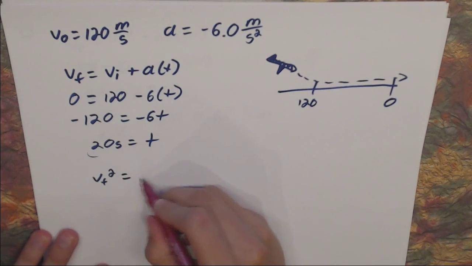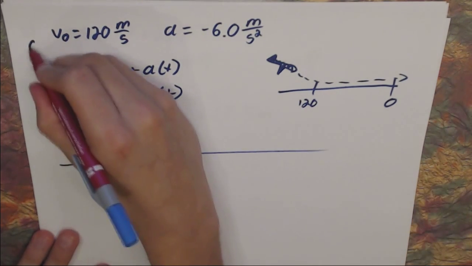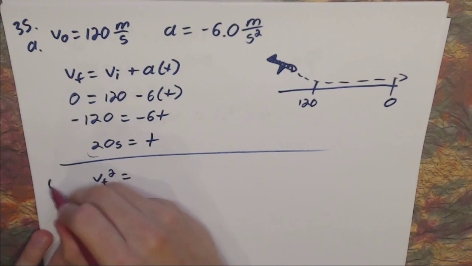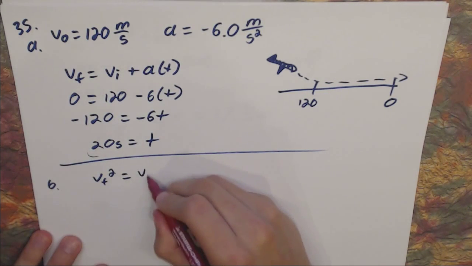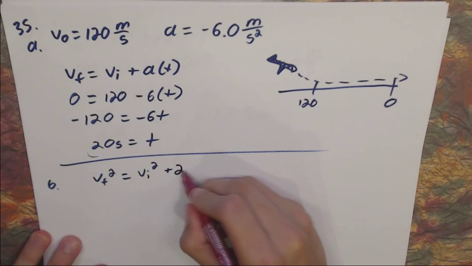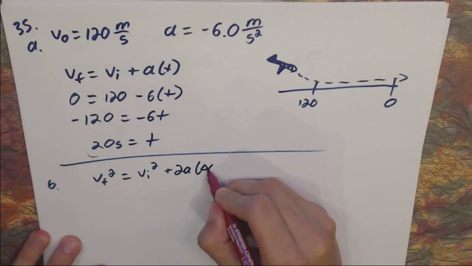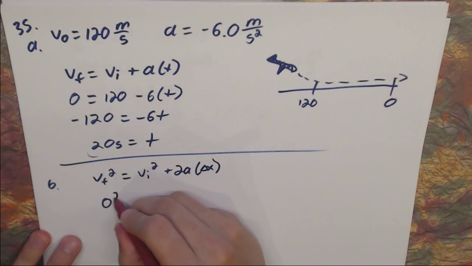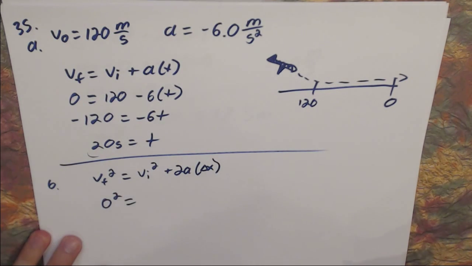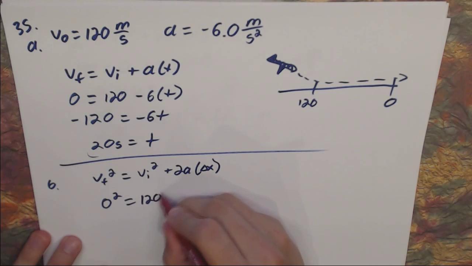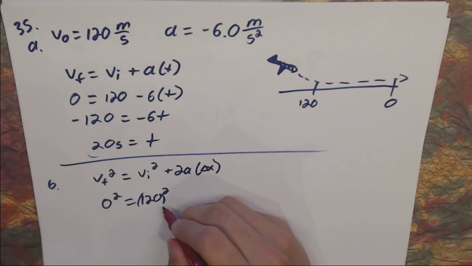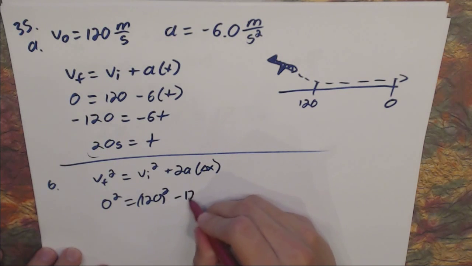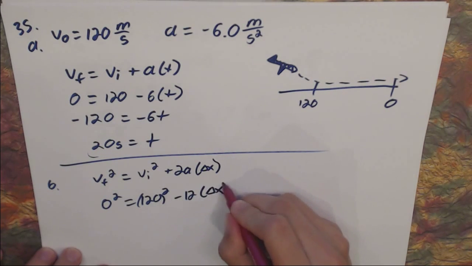Anyway, so this is part A, this is question 35, this is part B. So V final squared equals V initial squared plus 2A delta x. So V final squared is 0. V initial squared is 120. Twice our acceleration is going to be negative 12, and delta x is what we're looking for.